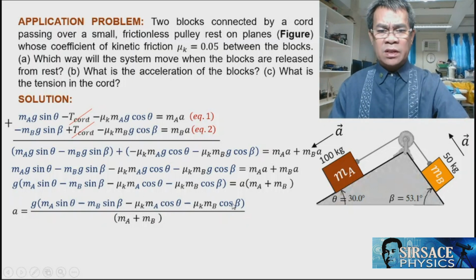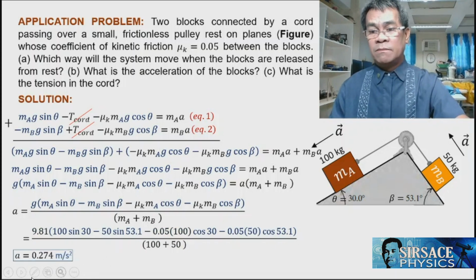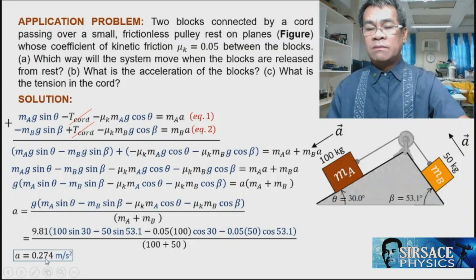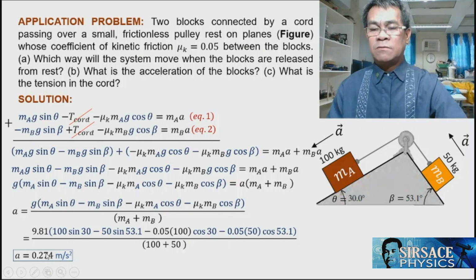Mass A plus mass B is 150. Substituting the values, we come up with the result of 0.274, and the unit is meter per second squared because it's the unit of acceleration.